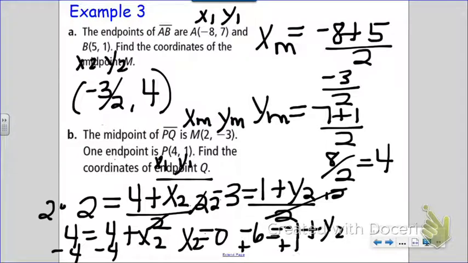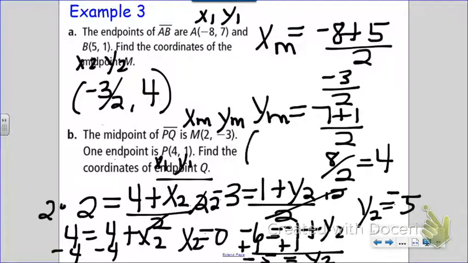Add 1. y2 equals -5. So my other endpoint is going to be at 0, -5. And that's point Q.